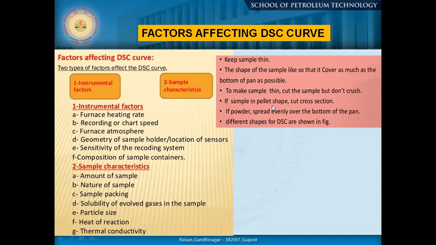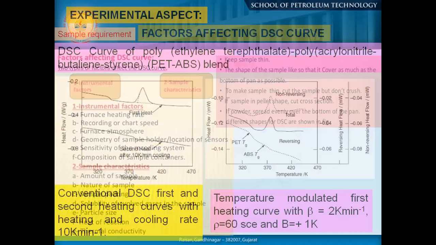If the sample is a pellet, you cut cross sections so that the bottom of the chamber is in proper contact with your sample. Otherwise the heat will not transfer properly, and you may have an air gap in between. If it is powder, spread it evenly over the bottom of the pan. Different shapes give different types of DSC curves.